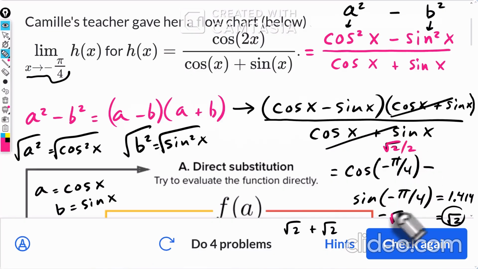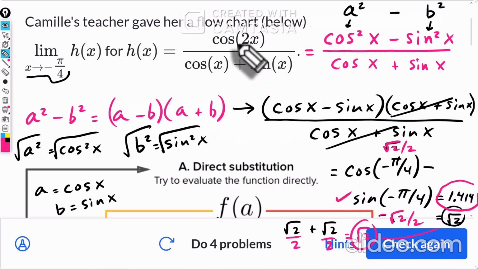And this would be negative radical 2 over 2. Okay, radical 2 over 2 minus negative radical 2 over 2 is going to be radical 2 over 2 plus radical 2 over 2, which equals radical 2. Doesn't matter anyway. We didn't even need an exact answer. The fact that you got an actual number means that it worked.